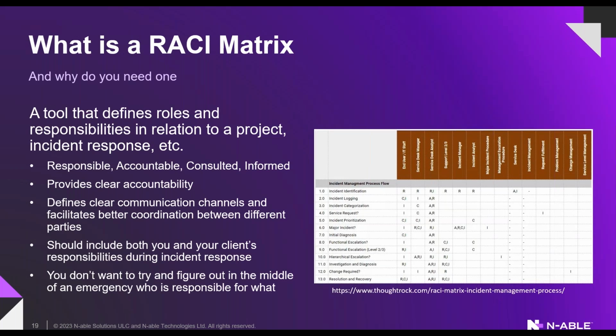And of course, you and your client are very likely to be operating under limited resources when responding to an incident. With a RACE matrix, you've got it lined up ahead of time and it's done. It helps you make sure that the resources you do have available are appropriately allocated, by making sure that everything is clearly defined, that who is responsible for what task.